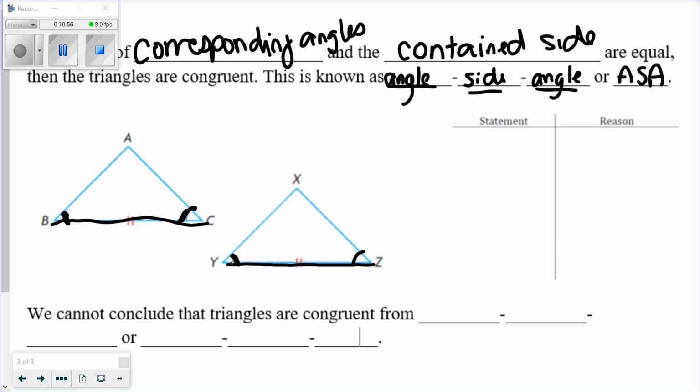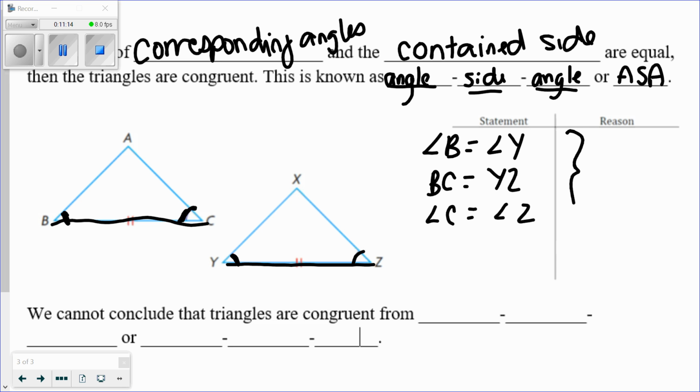So it's a contained side in that case. Looking at this one, with our two triangles, angle B is equal to angle Y. And we see that line segment or side BC is equal to side YZ. And we see that the angle at C is equal to the angle at Z. Those are all given pieces of information. So what we can say, therefore, since we have an angle, the contained side, and the next angle over, the same for the two triangles, we can conclude that they are congruent.